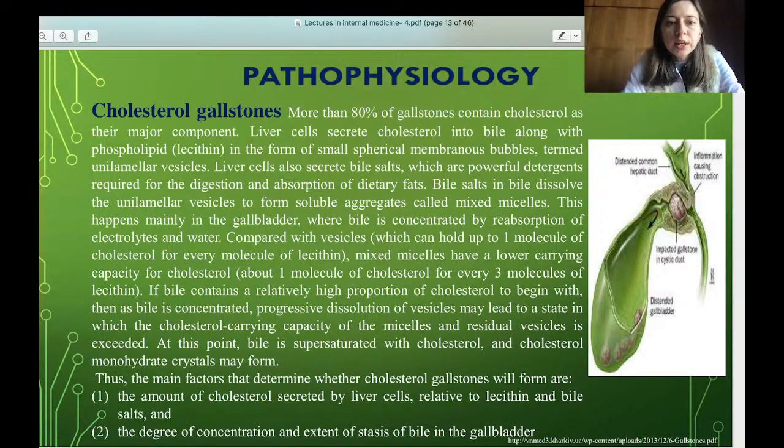If bile contains a relatively high proportion of cholesterol to begin with, then as bile is concentrated, progressive dissolution of vesicles may lead to a state in which the cholesterol carrying capacity of the micelles and residual vesicles is exceeded. At this point, bile is supersaturated with cholesterol and cholesterol monohydrate crystals may form.